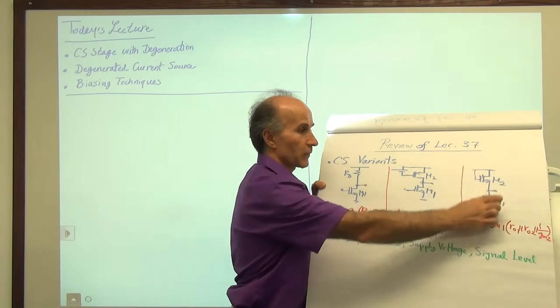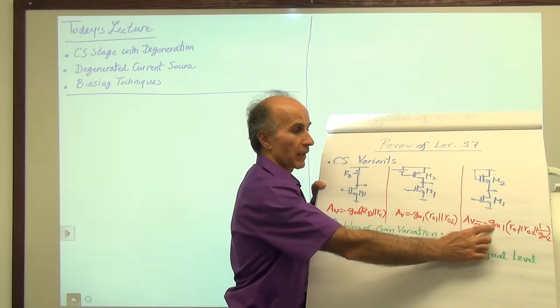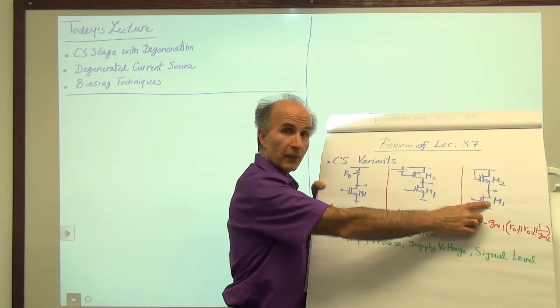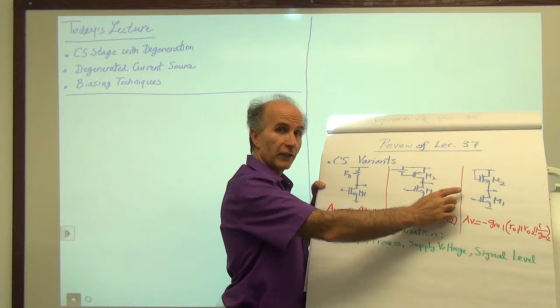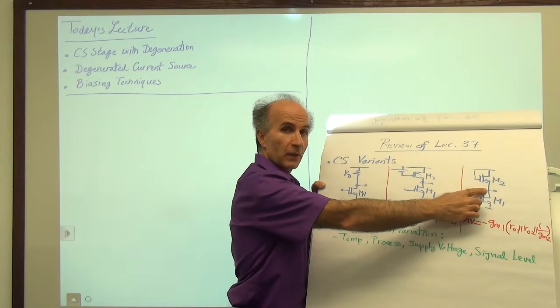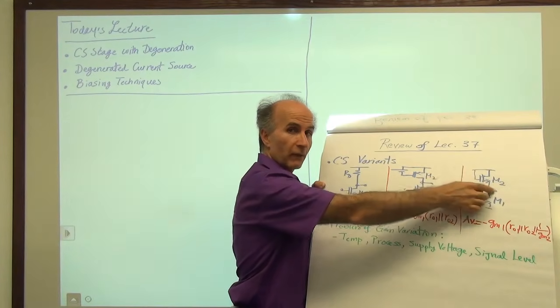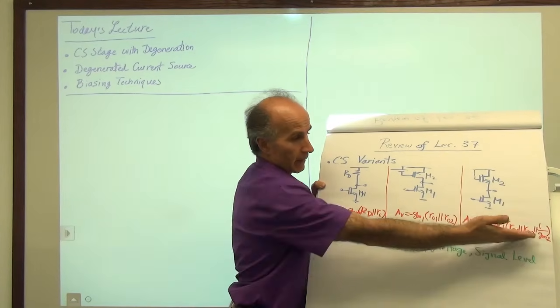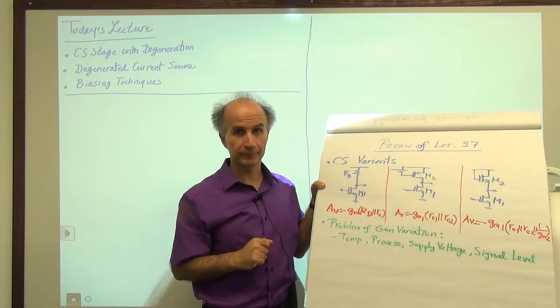So the overall voltage gain of the circuit will be given by minus Gm of the amplifying device times the total resistance tied between the drain and AC ground. So we have 1 over Gm2, we have RO2, and we have RO1, and that's how we get this expression.